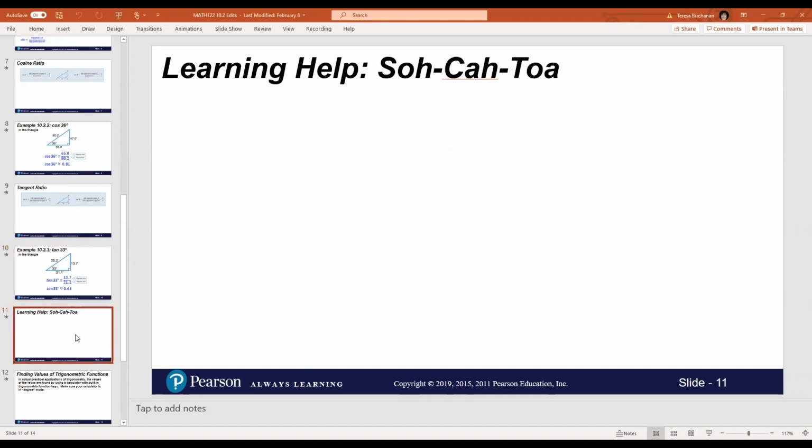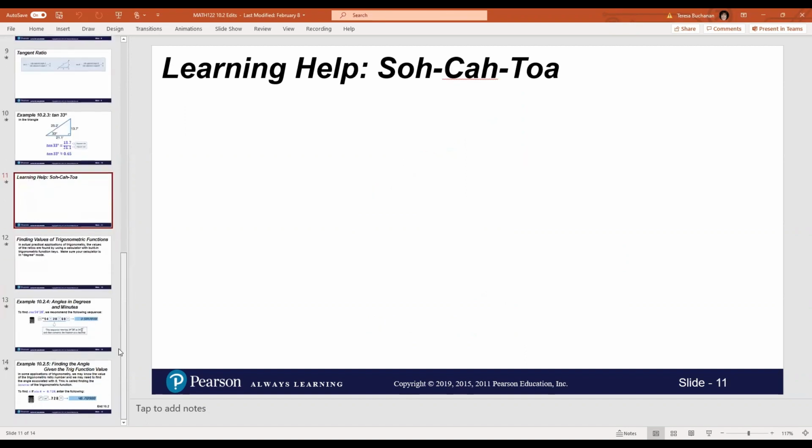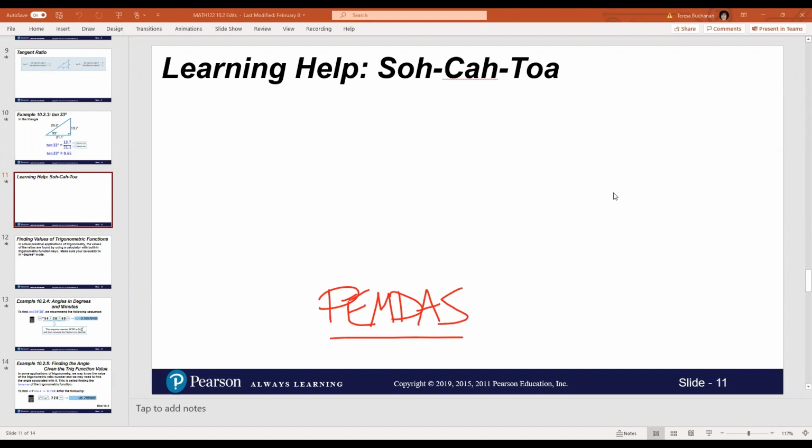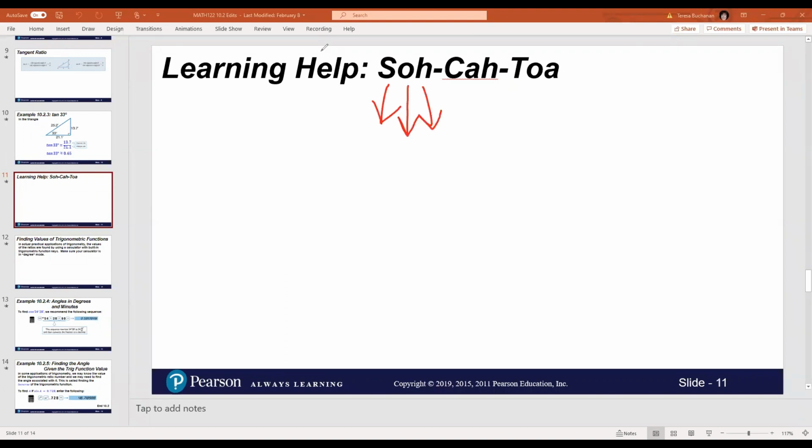You may remember this little guy, SOHCAHTOA. If you had some trig in high school, you definitely had this, and you'll definitely remember. It's a little mnemonic device to remember something, just like PEMDAS helps us remember order of operations. So this helps us remember the trig definitions. The S is for sine, opposite over hypotenuse.